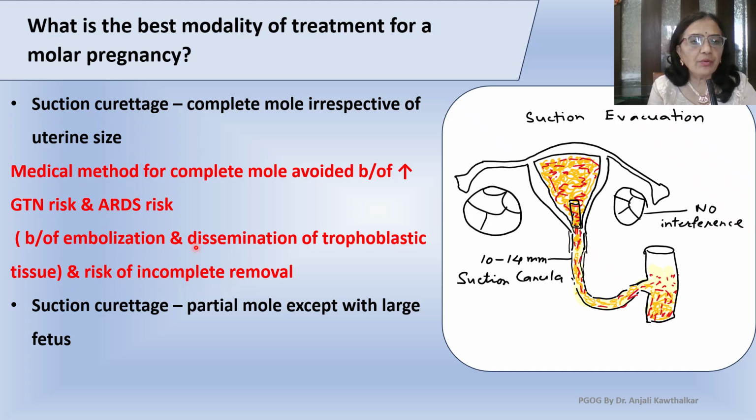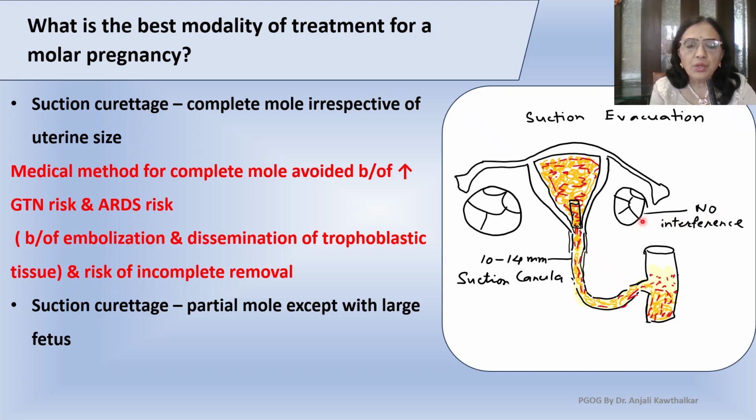Incomplete removal will lead to an increased risk of GTN, gestational trophoblastic neoplasm. Suction curettage is done for partial mole also. It is the modality of choice even for partial mole, except when the fetus is large, which cannot be removed with suction evacuation. This is how suction evacuation is done, as I have shown, especially with these bilateral theca lutein cysts, and no interference is needed.